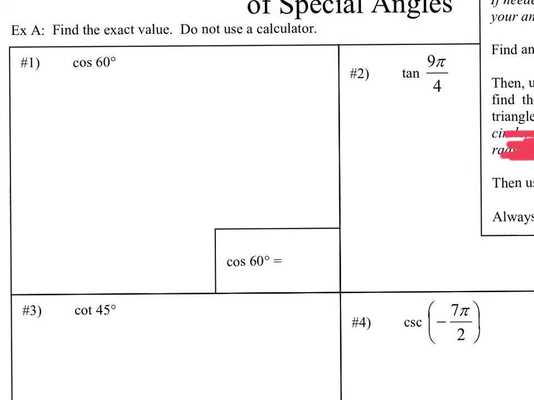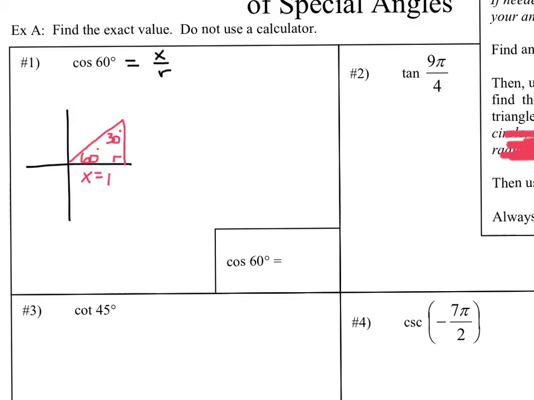So number 1 is cosine of 60 degrees. Cosine is x over r. If we draw a 60-degree angle from standard position, we end up with a 30, 60, 90 triangle. Opposite 30, we can call whatever we want. I'm going to call it a 1.